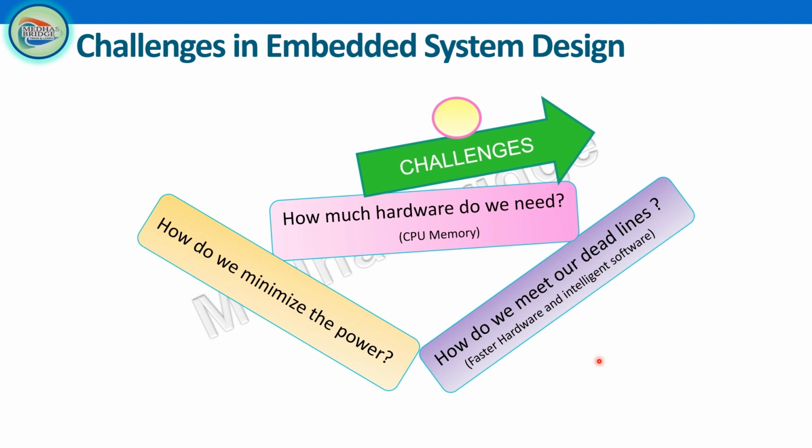Also remember, embedded systems are used in safety and mission critical areas, and hence we need to understand the deadline requirements of the embedded system and design by leveraging both hardware and software capabilities.